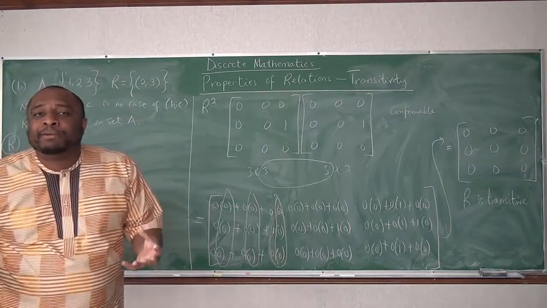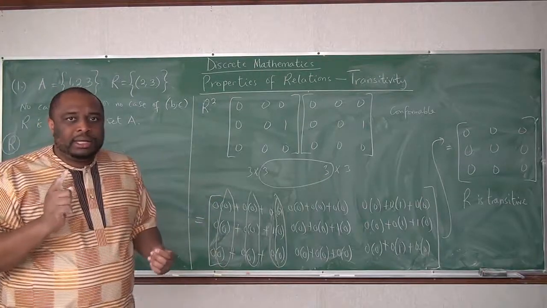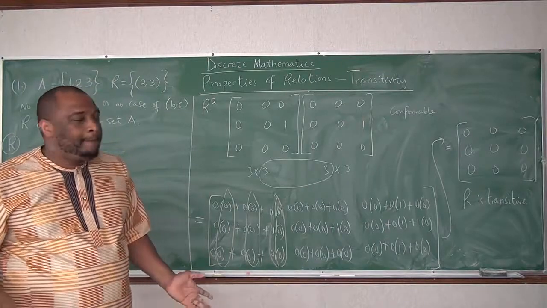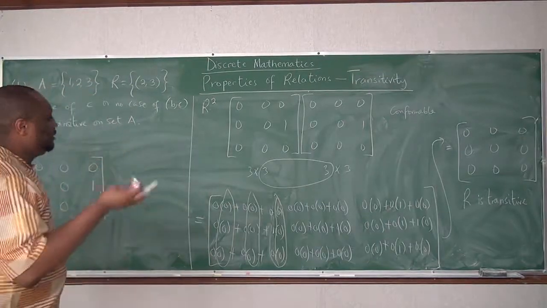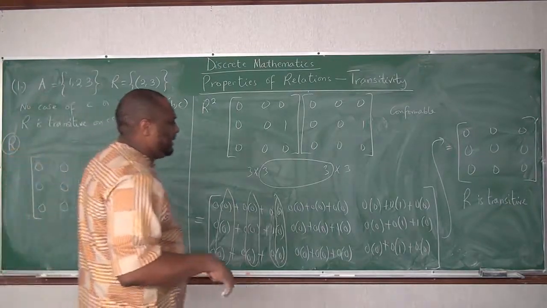If any one of the corresponding positions is 0, then the relation is not transitive. Okay? So let's do another example so it will make sense to you.